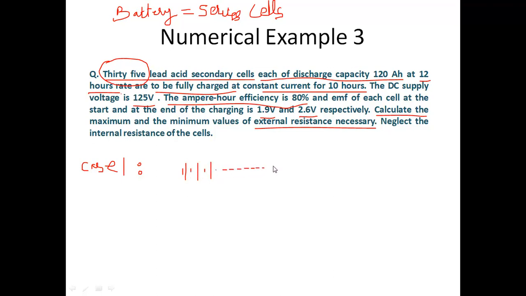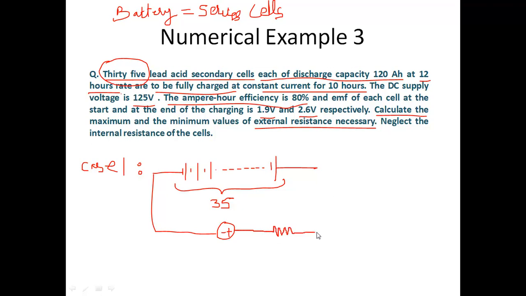These are altogether 35 cells, connected in series and they are being charged by a 125 volt DC supply using a limiting current resistor.